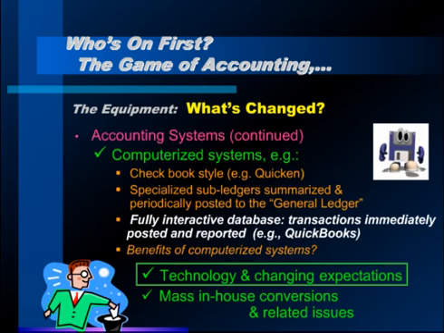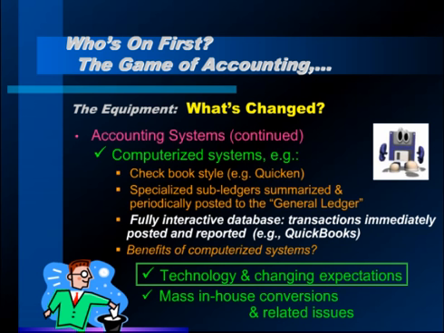So what's going on with computerized systems? Well, first of all, the technology is changing very, very rapidly. We now have a huge amount of computing power at our fingertips. This is changing almost minute by minute so that now we can do more and more at a faster and faster rate. Secondly, almost all small businesses are becoming computerized, and more of the general population is becoming not only computer literate, but computer proficient.